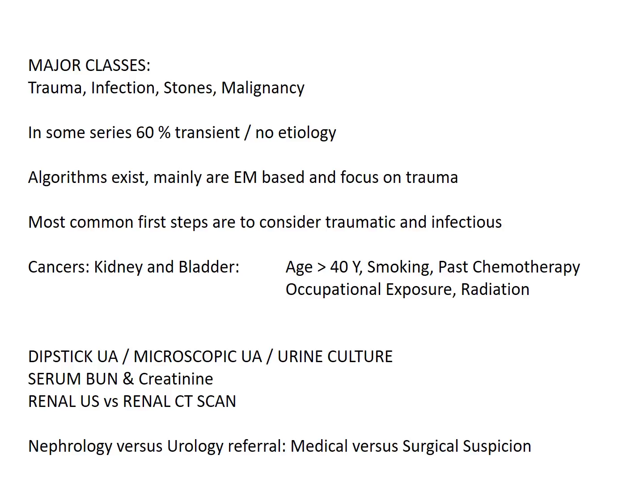So hematuria and malignancy. Working it up: dipstick urine, macroscopic UA, urine cultures, looking at renal function in terms of BUN and creatinine, and then renal ultrasounds and renal CT scans can also be helpful in your initial workup of hematuria.